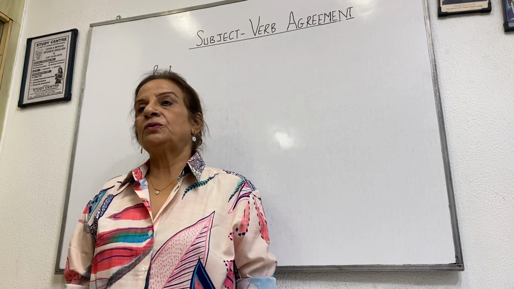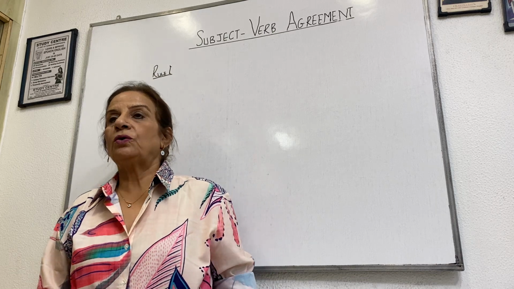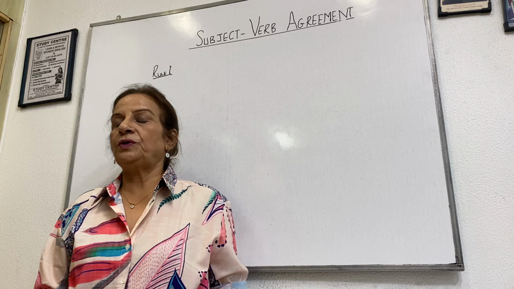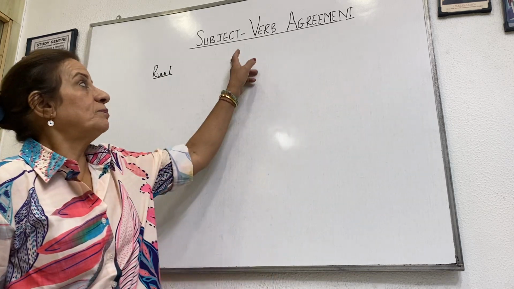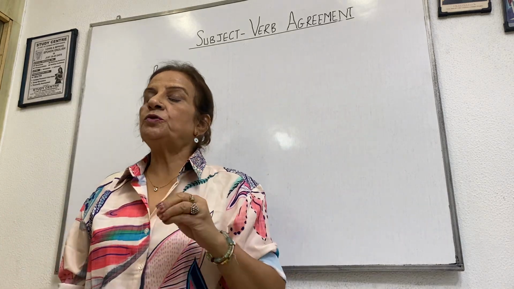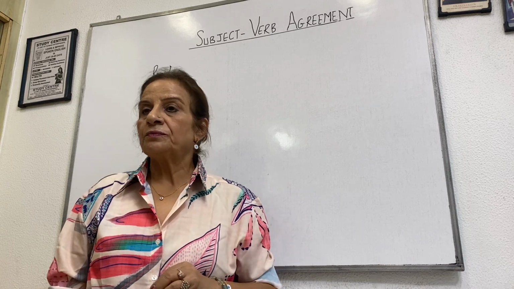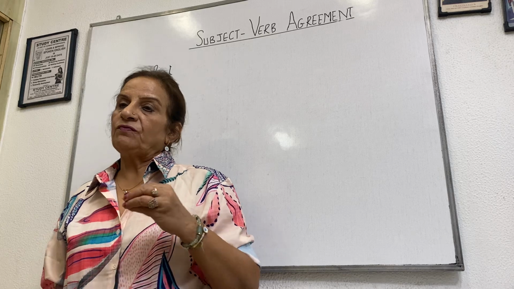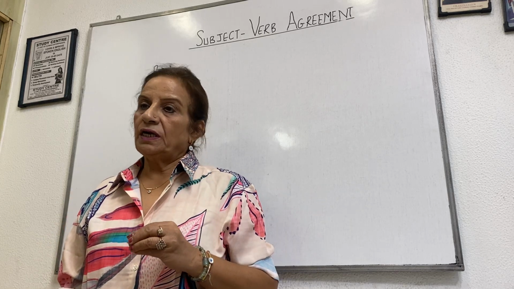This is one part of grammar which all students should know, so that you speak, write, and read correctly. This is known as subject-verb agreement. That means the verb should agree with the subject. What is the subject? The doer of the action is known as the subject, and the verb which accompanies it should be agreeing with it.